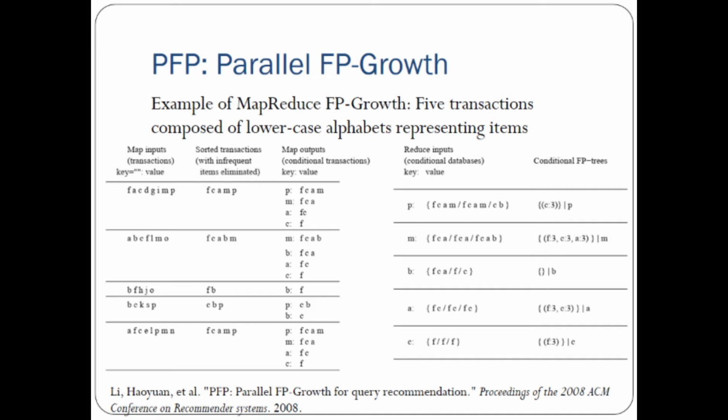And how has it been done? The lowercase letters were representing the items, as we had already seen. There were the same five transactions as we had seen earlier, given in the leftmost column: F C D G I M P. So you run the simple algorithm and sort, removing the infrequent items, meaning those with low frequency, which you don't require for the analysis because they are insignificant.